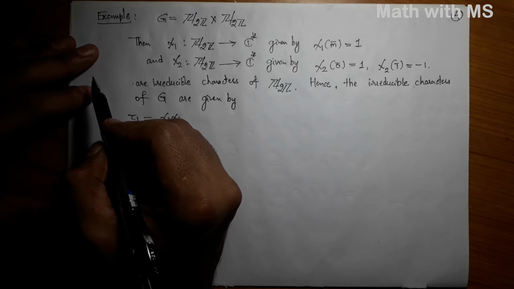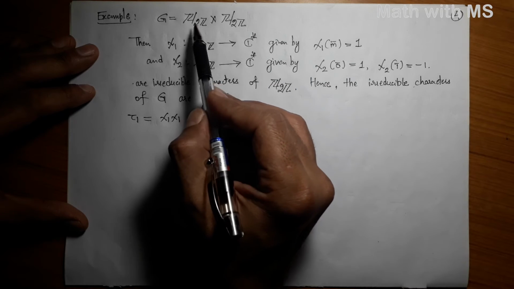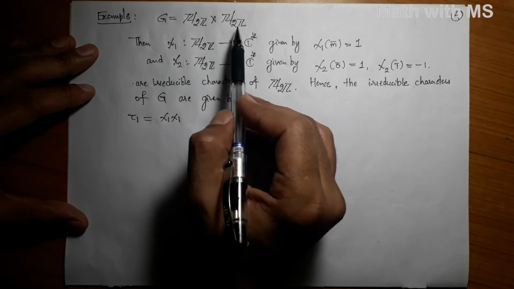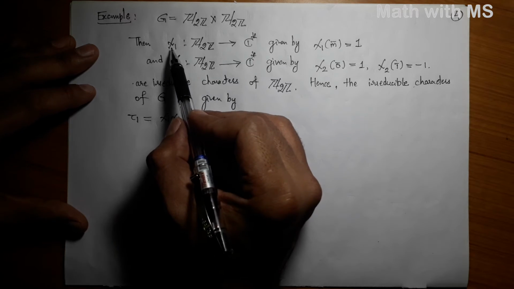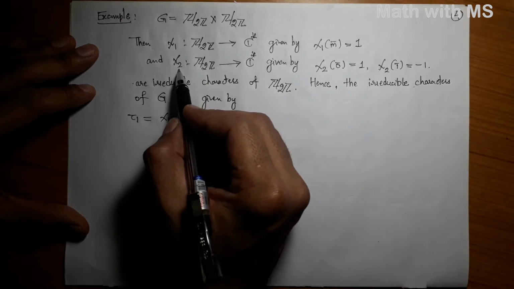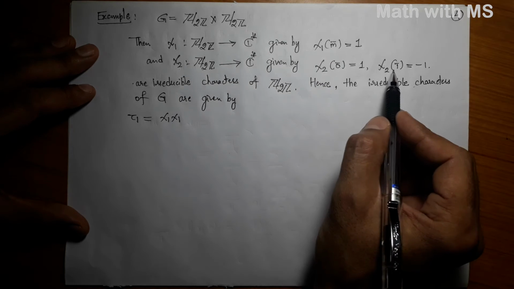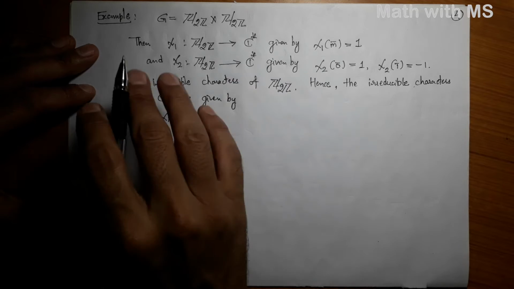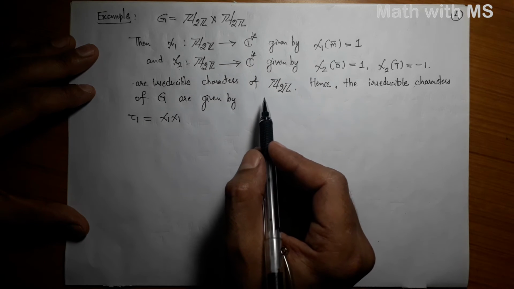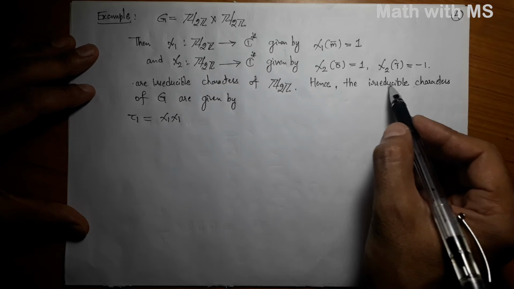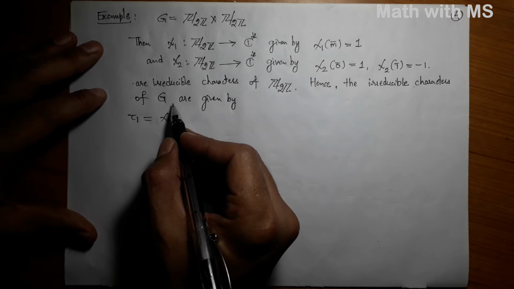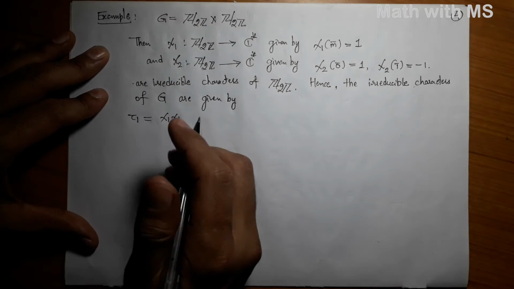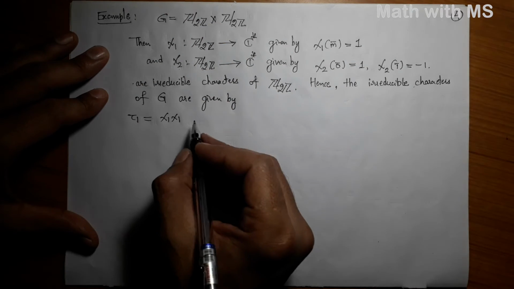Let us illustrate this by a very simple example. Take G to be Z mod 2Z times Z mod 2Z, which is not the cyclic group. It is in fact the Klein 4 group. Then the trivial character chi1 and the character chi2, which takes 0 bar to 1 and 1 bar to minus 1, are irreducible characters of Z mod 2Z. In fact, they are all the irreducible characters of Z mod 2Z. So by the preceding theorem, the irreducible characters of the group G, which is the product of two copies of Z mod 2Z, are given by all possible products of chi i's, right?